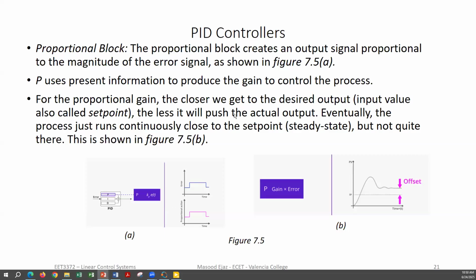For proportional gain, the closer we get to the desired input value, also called the set point, the less it will push the actual output. Eventually, the process just runs continuously close to the set point, which is this line, but not quite there. There is still some error.